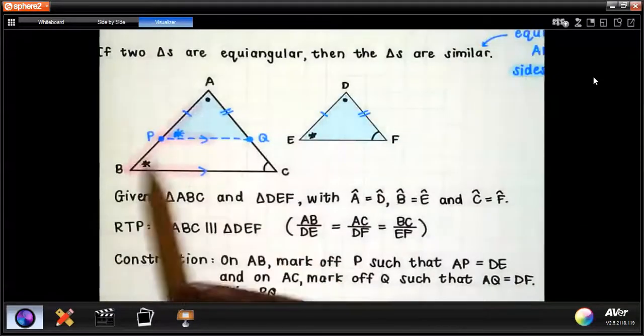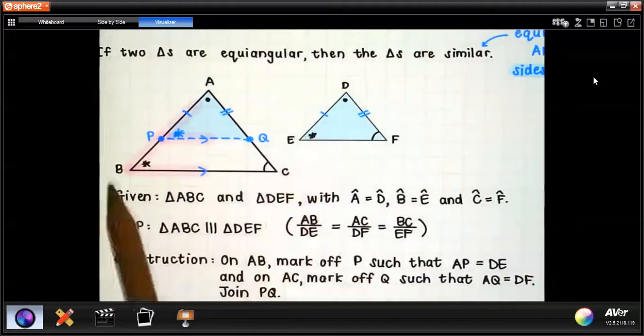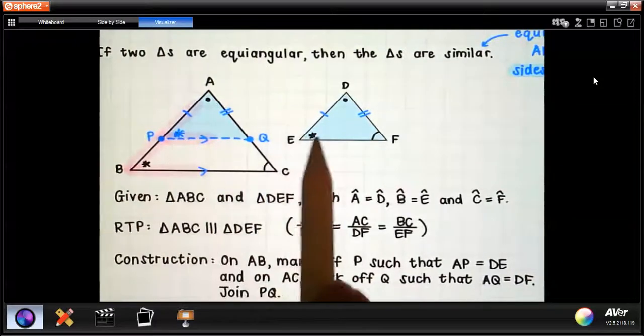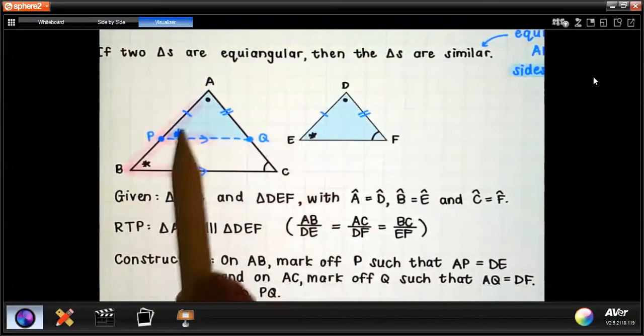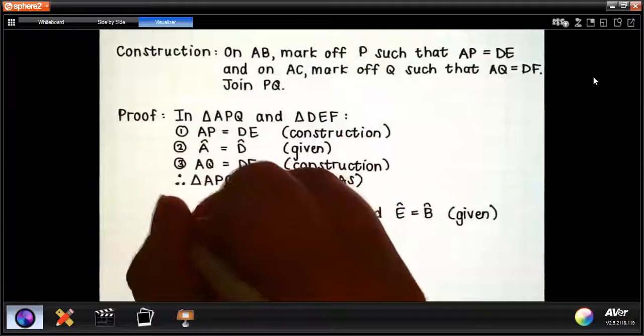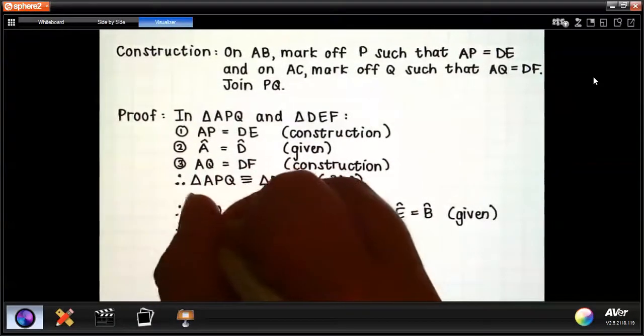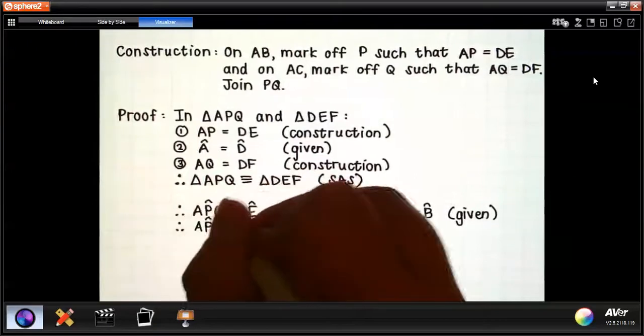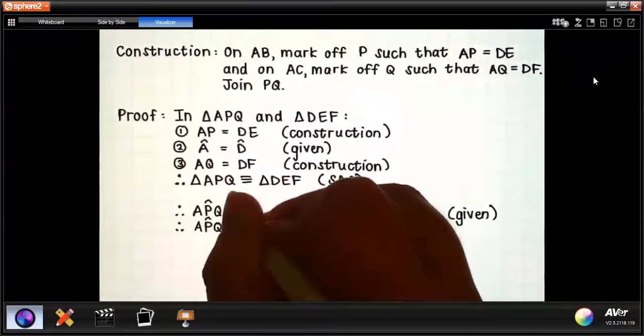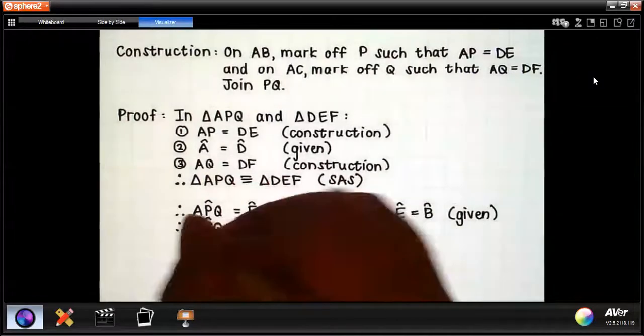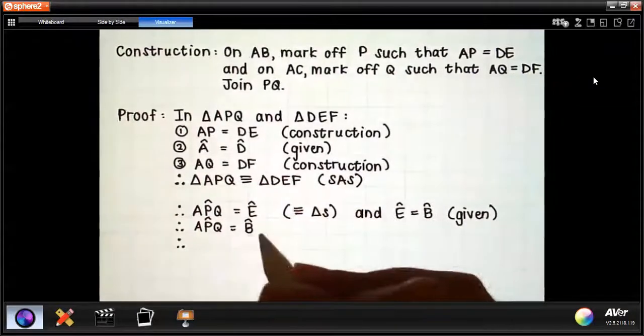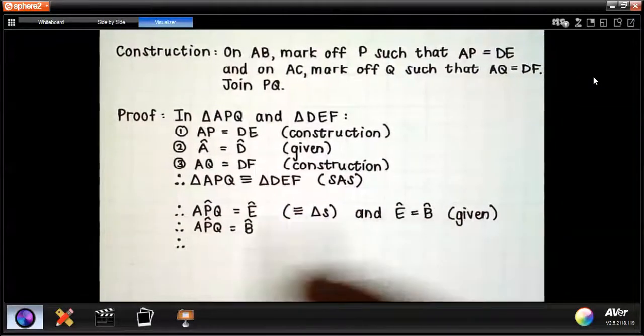Right, these two angles are equal, so therefore, if this angle is equal to E and E is equal to B, these two angles are equal to each other. So therefore, APQ is equal to angle B. Therefore, we don't need a reason for that, that's just following on from the statement.